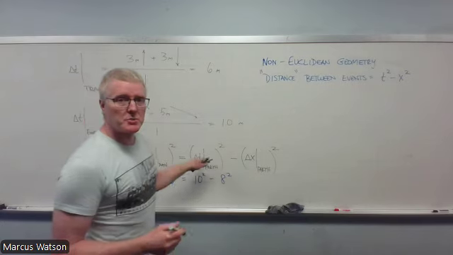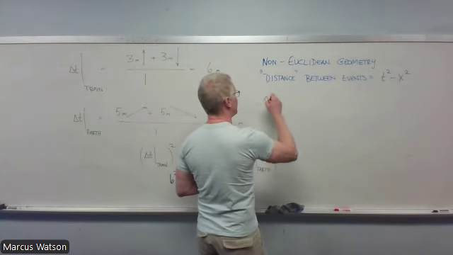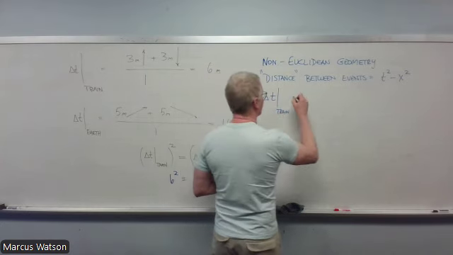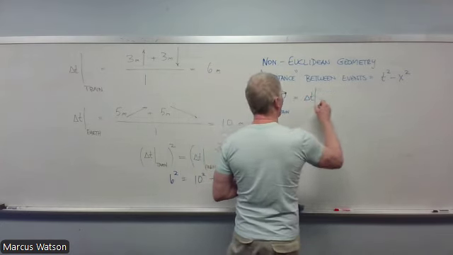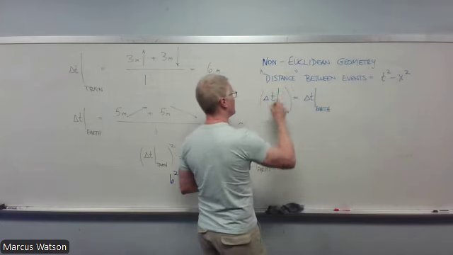All right, let's just go off this here for a minute. If I say that delta t of the train is equal to delta t of the Earth, oops, sorry, I forgot the squareds. Squared.